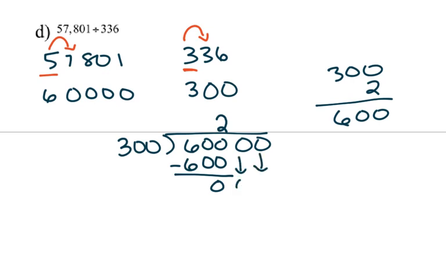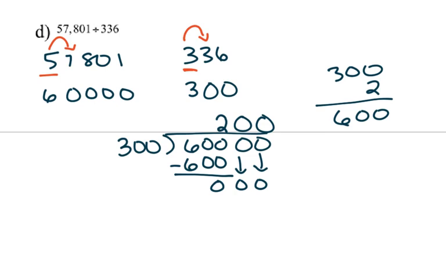We move these next 2 zeros down, and so how many times does 300 divide into 0? 0 times. How many times into another 0? 0 times. And so we have 60,000 divided by 300 is 200.